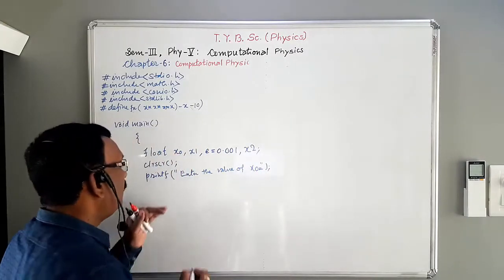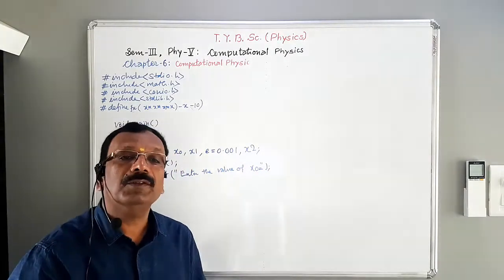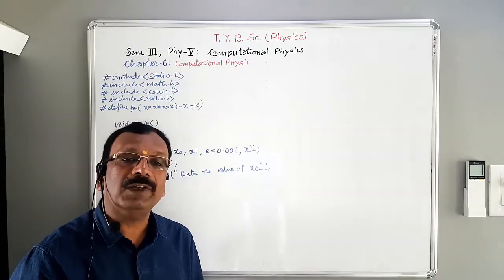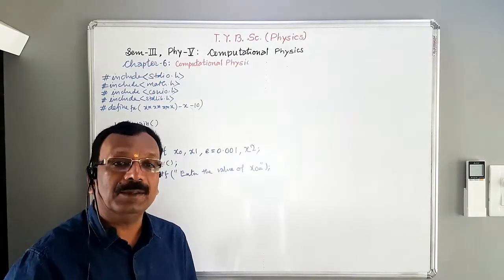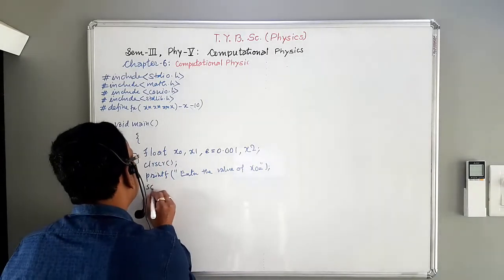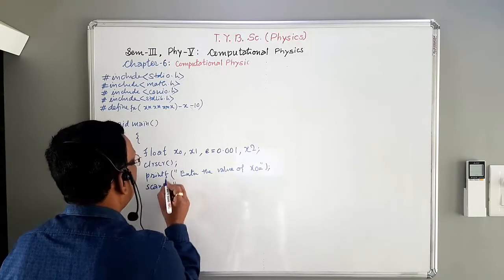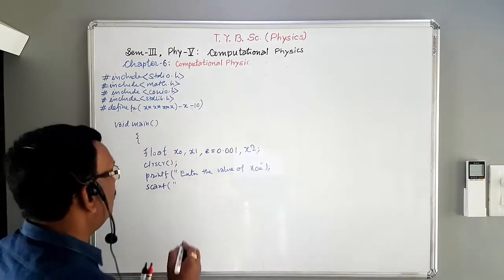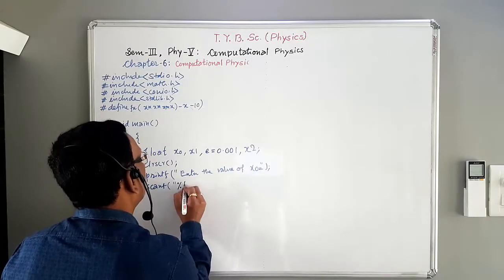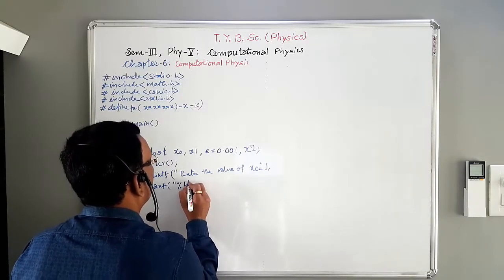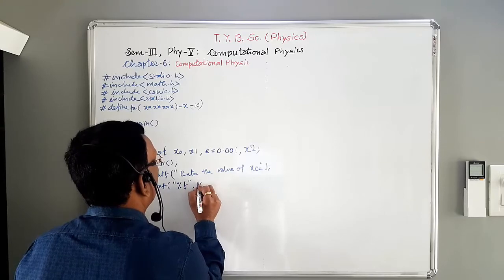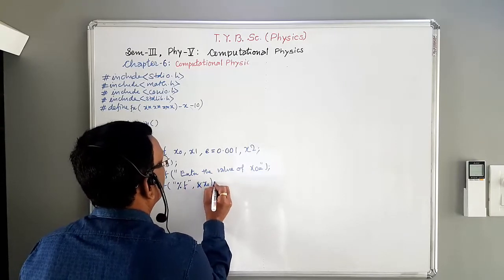Now when we enter any value to the computer, that value should be read by the computer. For that purpose, the scanf function is used, and here the variable is float type, and hence we are going to use %f and ampersand x0.